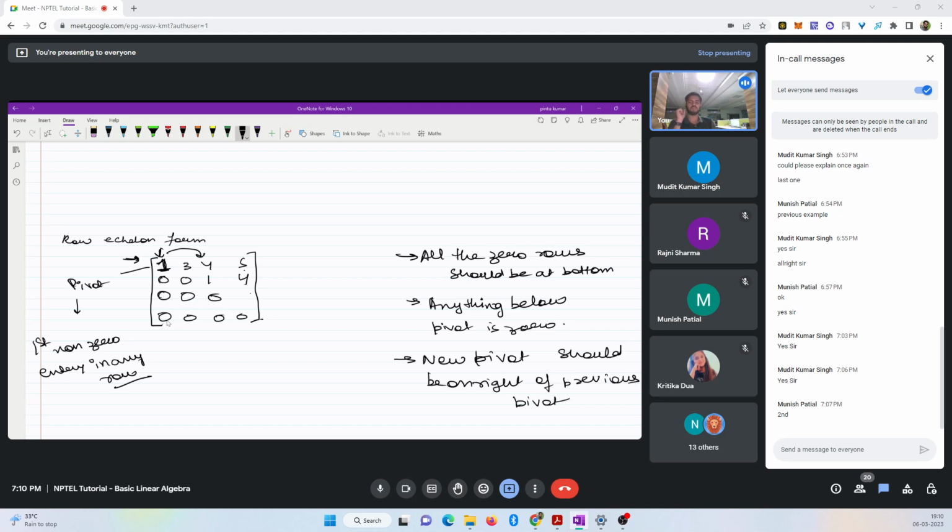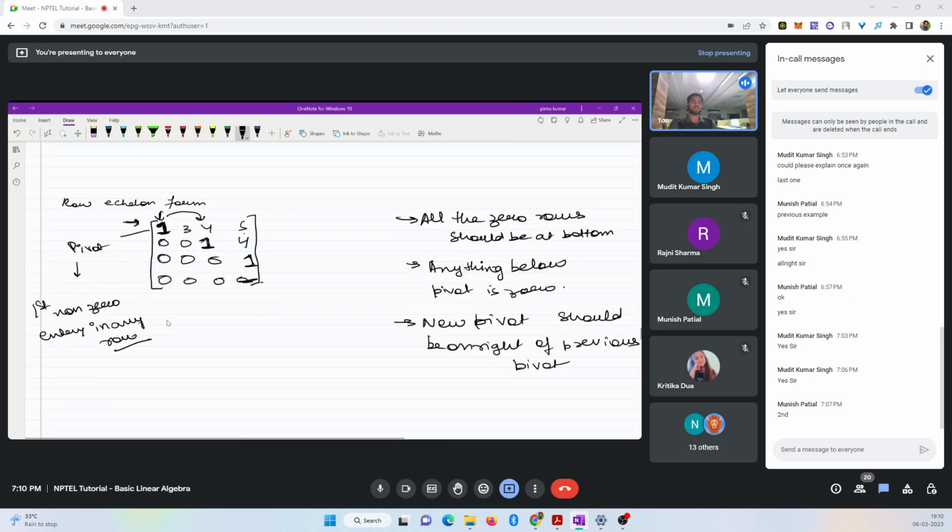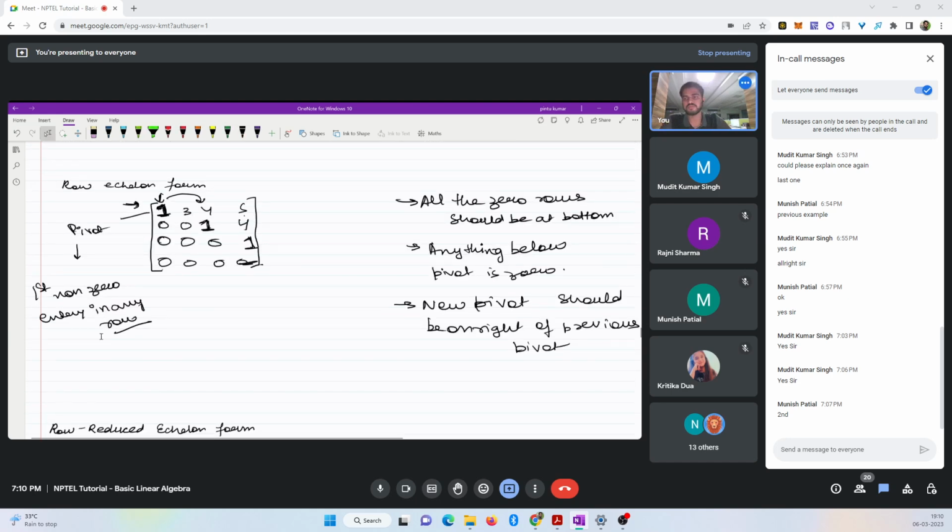So this is a proper row echelon form matrix. Whatever pivot element I have, everything below it is 0. Any row with everything 0, I have placed at the bottom. And the first non-zero entry in the first row is to the left of the first non-zero entry in the second row. Or if it were over here also, it should be on the left side only. So this is a property of row echelon form.